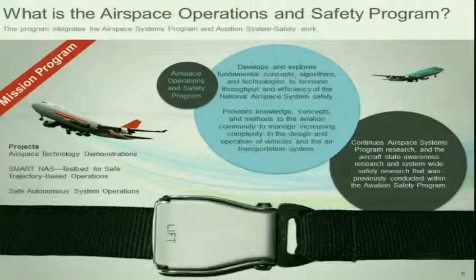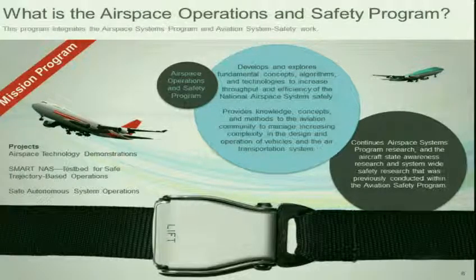So as you see in the text here, the Airspace Operations and Safety Program is going to be essentially the ATM research, development, and demonstration elements that have been part of the Airspace Systems program for so many years, but bringing in the inherent system-wide safety elements from the Airspace Systems program and from the Aviation Safety program, and the ability to provide a strong integration and interrelationship of those elements and development of quality products going forward, not just for the operational element, but for the safety element of the overall system.